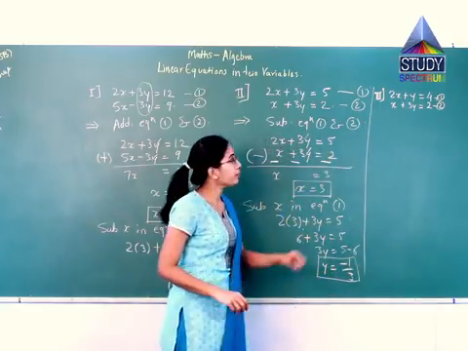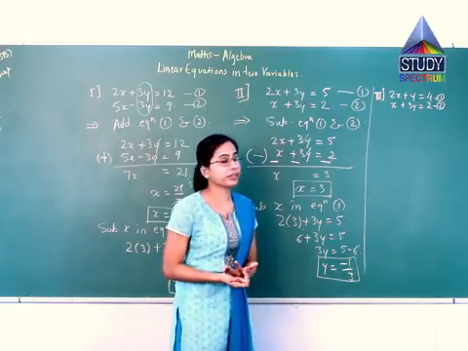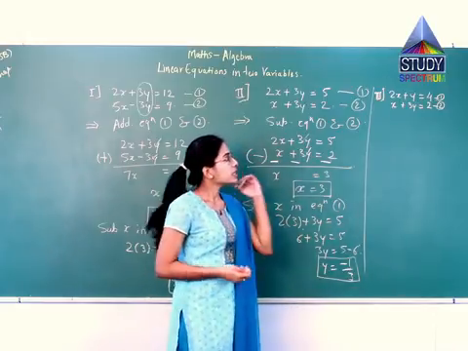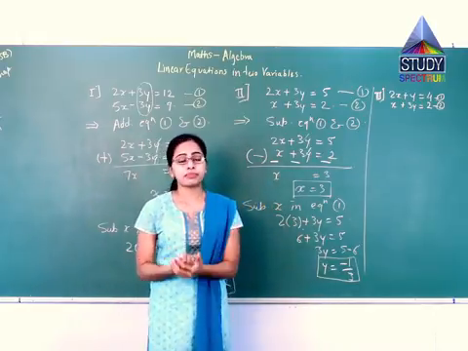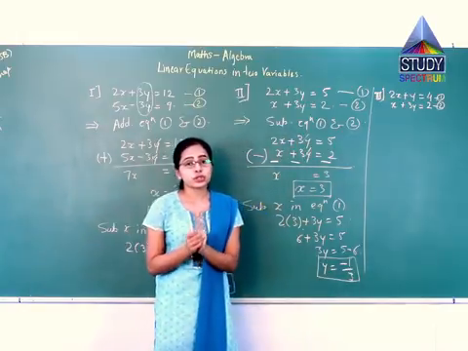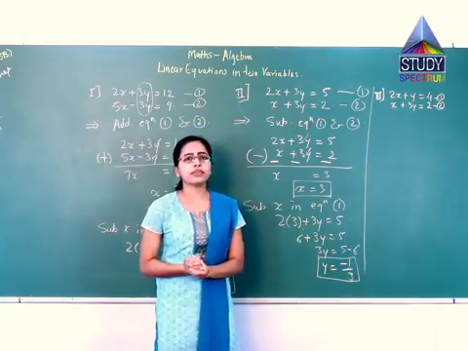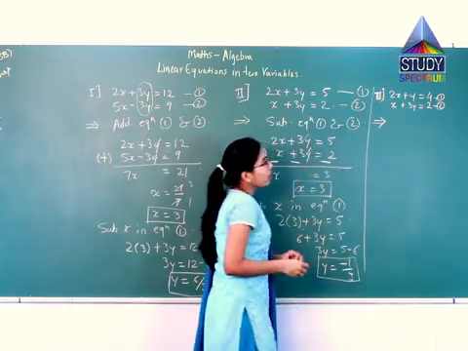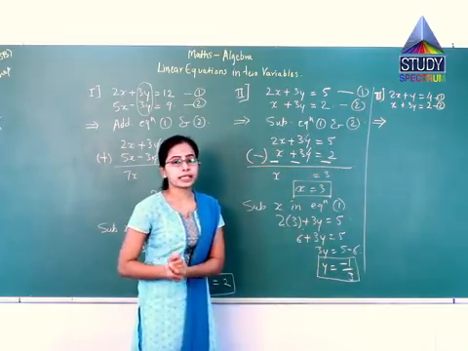Now you can see both x and y have different coefficients, but the signs are similar. Since signs are similar, we know that we must perform subtraction here, but the coefficients are not similar, so neither of them will get cancelled. So what can we do? In this particular type, we have to make the coefficients equal.